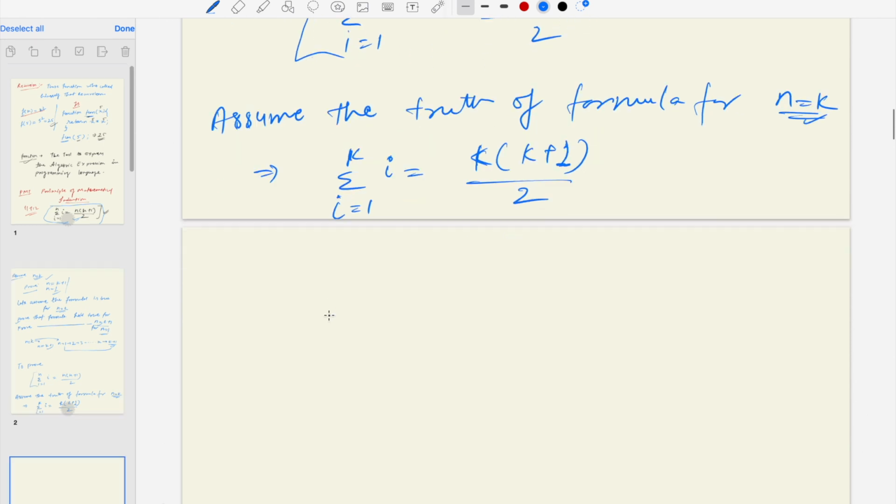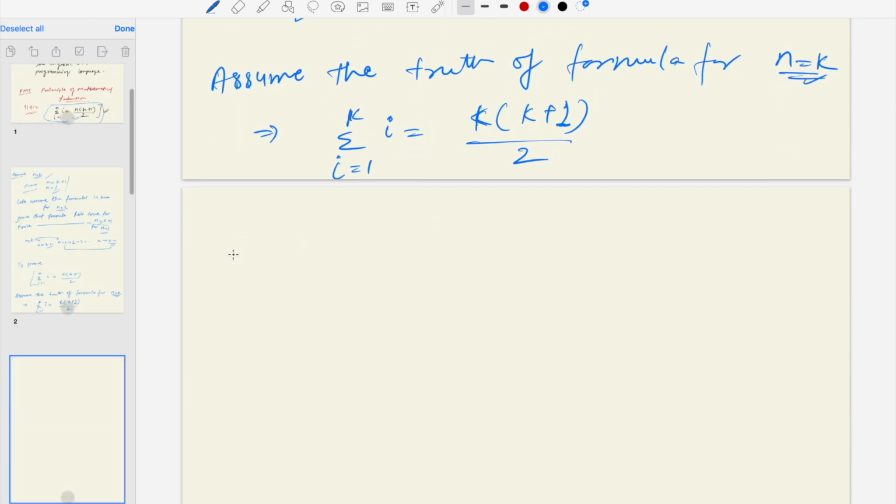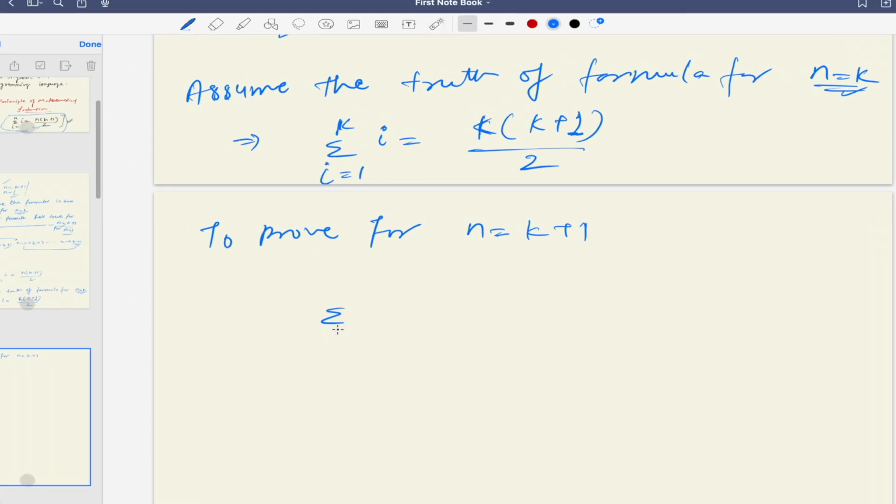Okay, so now what will we do? We will prove for n equals k plus 1. So to prove for n equals k plus 1, what will we write here? We will write i equals 1.